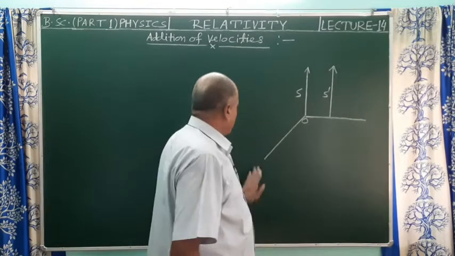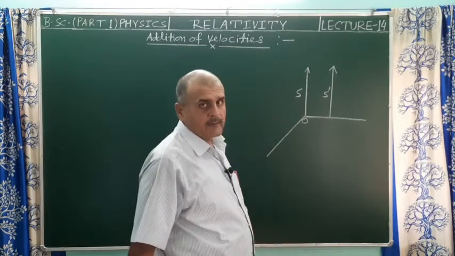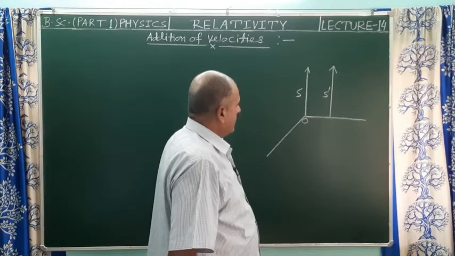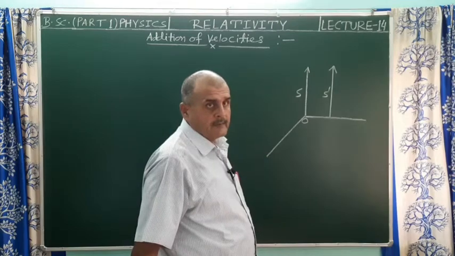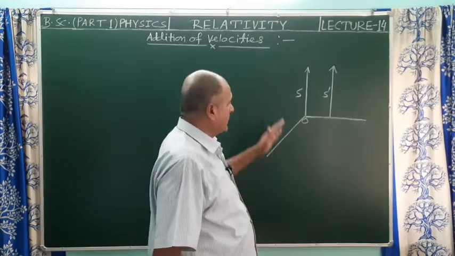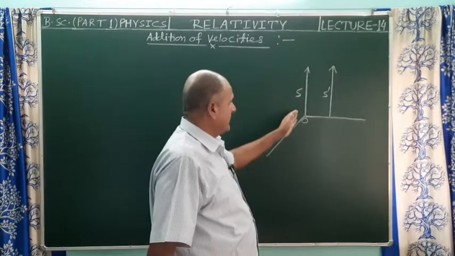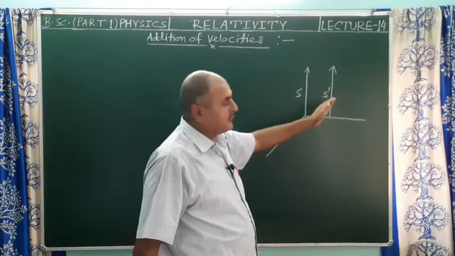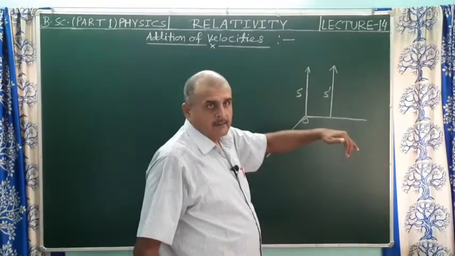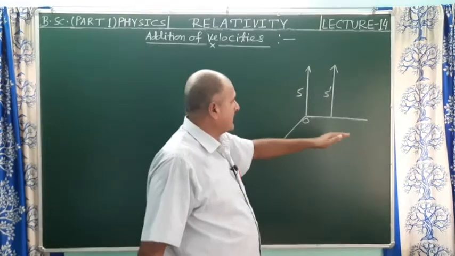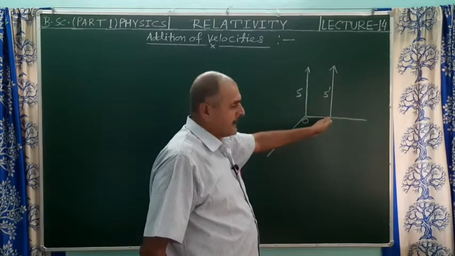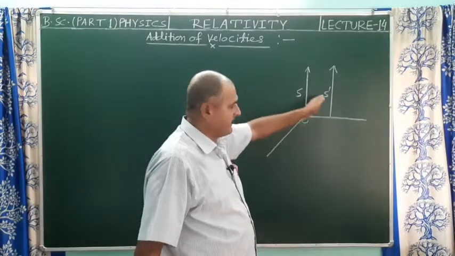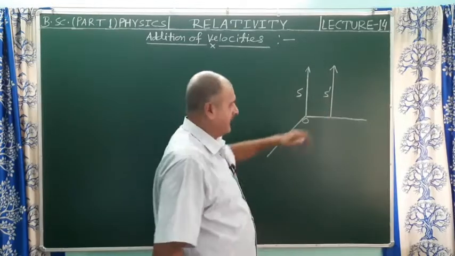At the origin of both frames, that is at O, an observer can observe the motion of a body from S, as well as the motion of the same body by another observer situated at the origin O dash of the other frame S dash.